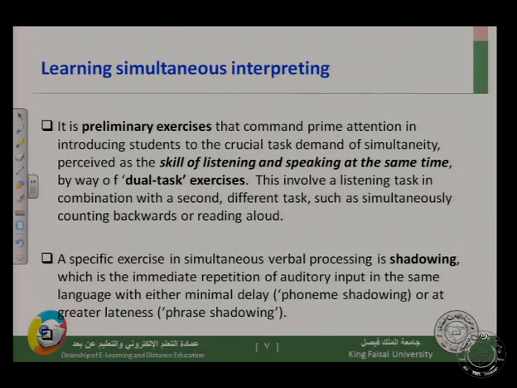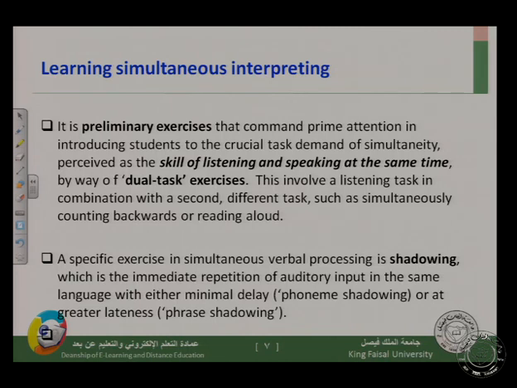You can practice this. And there is a special type of exercise called the shadowing process. Shadowing is the immediate repetition of auditory input in the same language, with either minimum delay or at a greater latency ratio. If he speaks in Arabic, you repeat what he has said in Arabic.